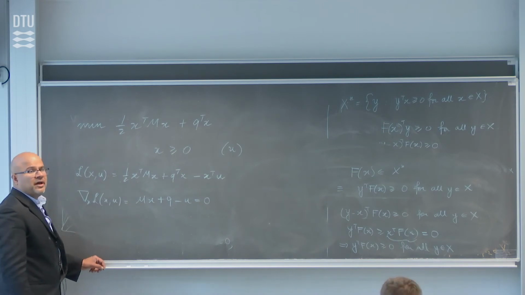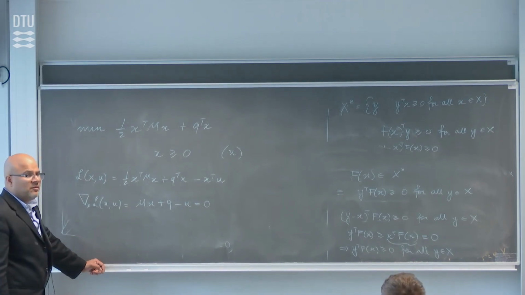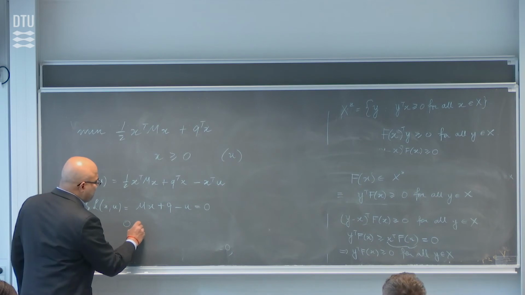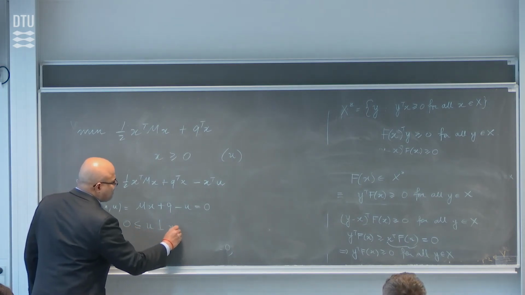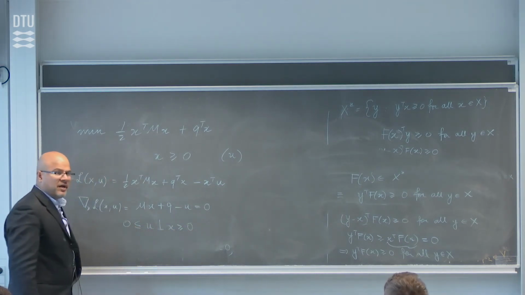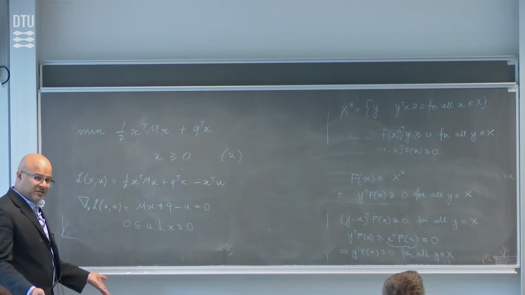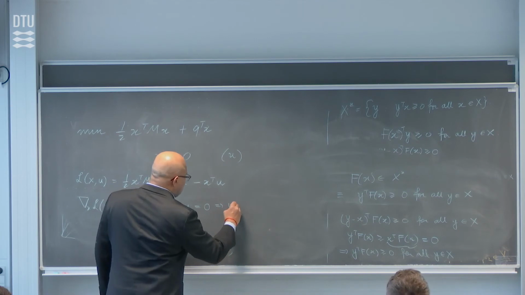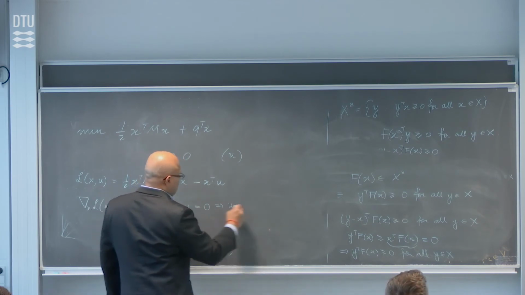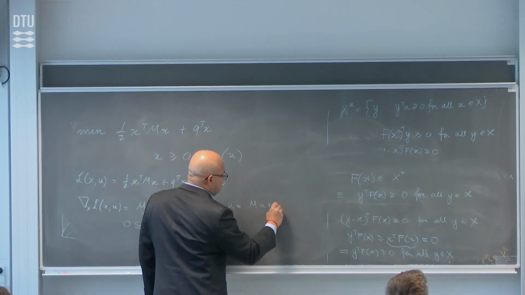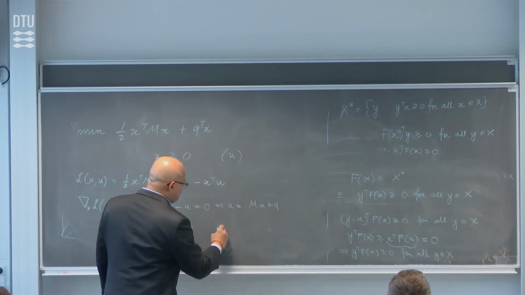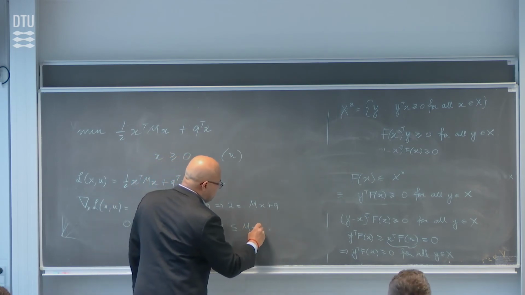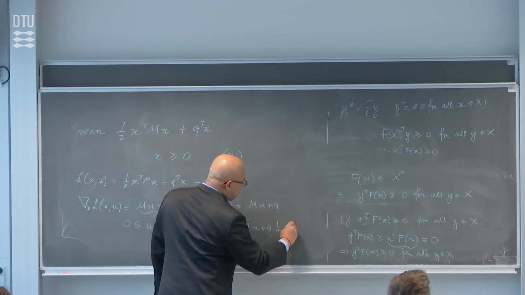Right? What else do I have? I have a complementarity relationship between u and x. That's part of the statement of the optimality conditions. Now from this I have that u is equal to what? Mx plus q. So I can eliminate u, and I just get Mx plus q is orthogonal to x.